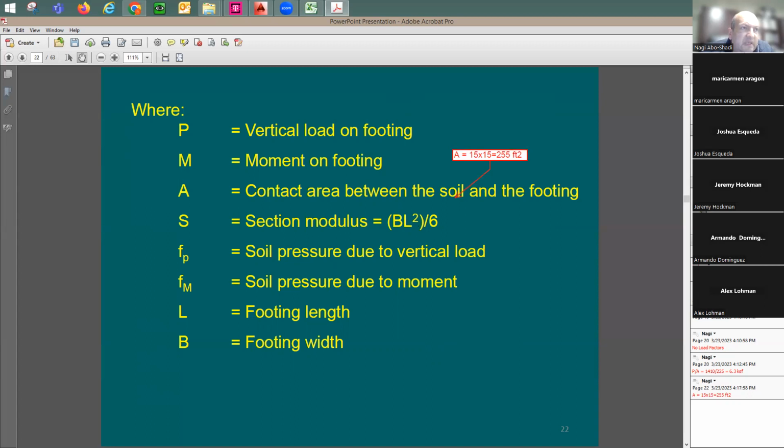While here, this gives you the section modulus resisting the moment on this contact area between the soil and the footing. It's going to be B L squared divided by 6. It just happened that the footing is square. So I can say here 15 times 15 squared divided by 6.